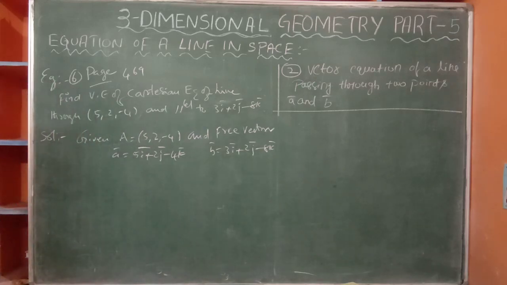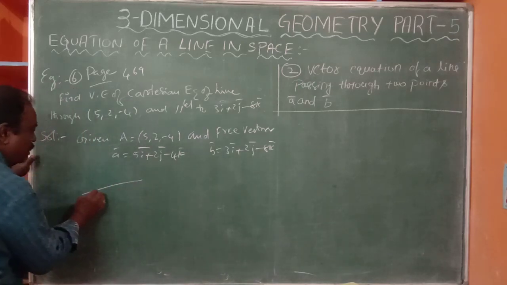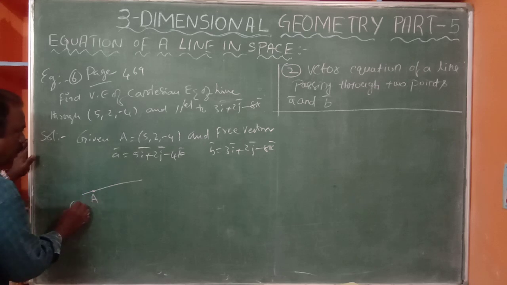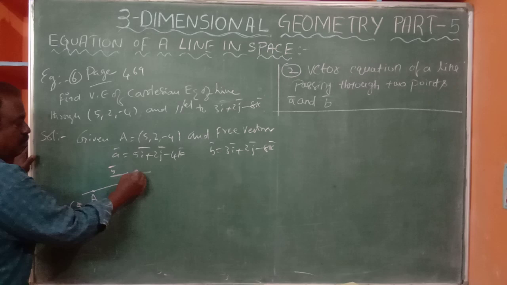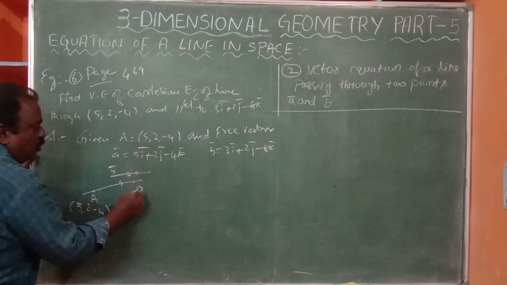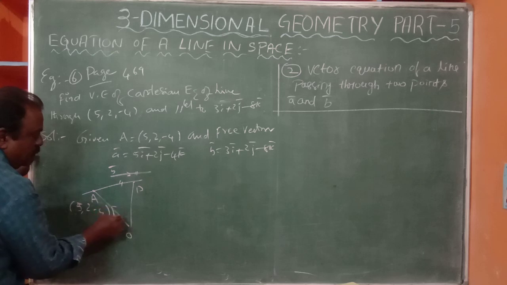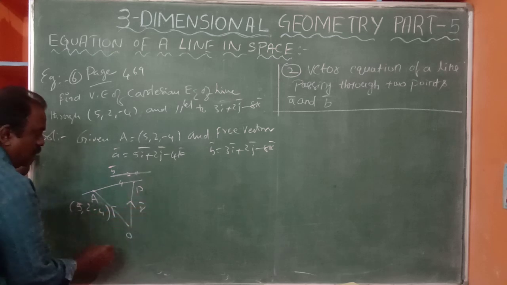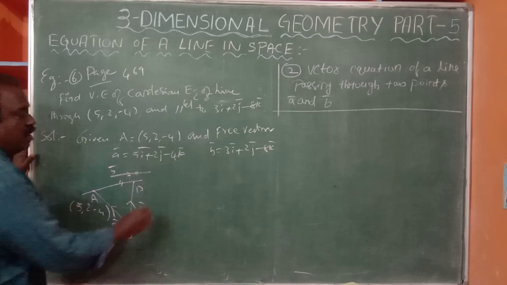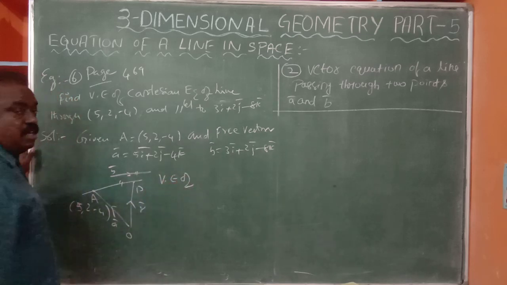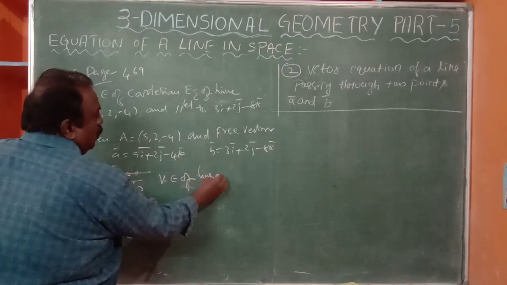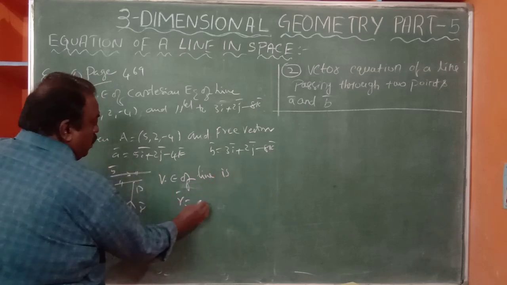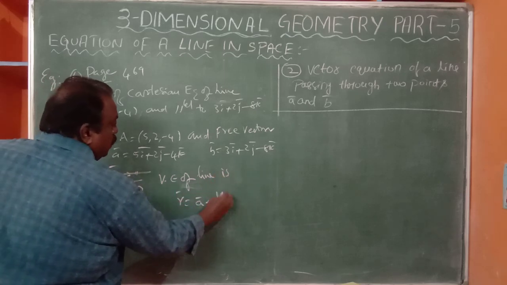Now I will draw the diagram also. The line is passing through the point A (5, 2, minus 4) and parallel to the vector B bar. As usual, we take a point P, origin O, O A bar is A bar, O P is R bar. Then the vector equation of the required line is R bar is equal to A bar plus t B bar.